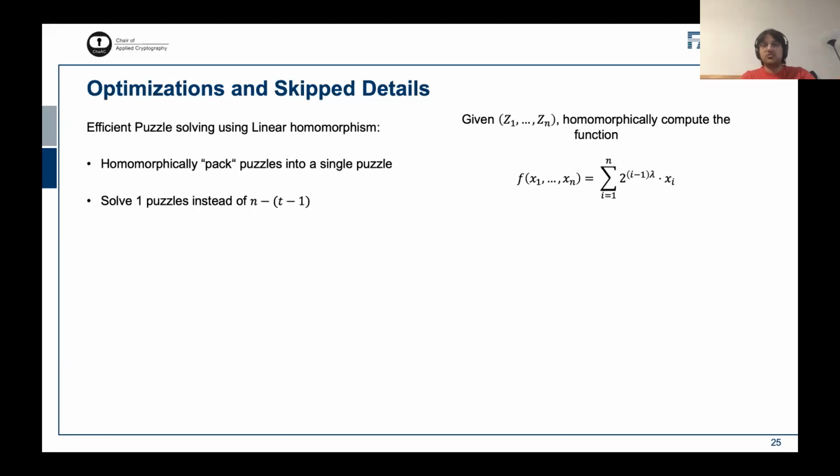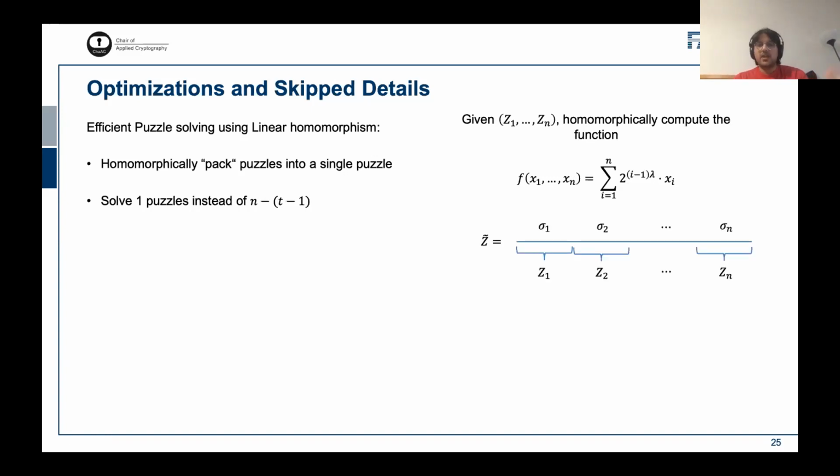You homomorphically compute this function over these puzzles. Notice that this is just a linear function, with just a constant multiplied here, and therefore a linear homomorphic time-lock puzzle suffices.